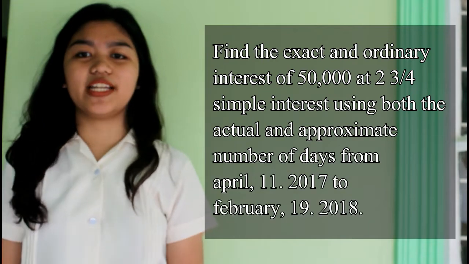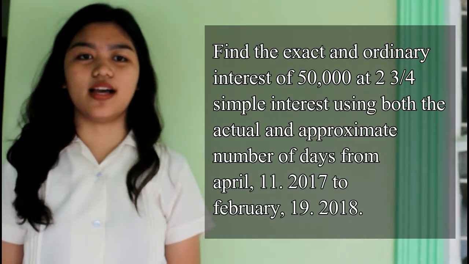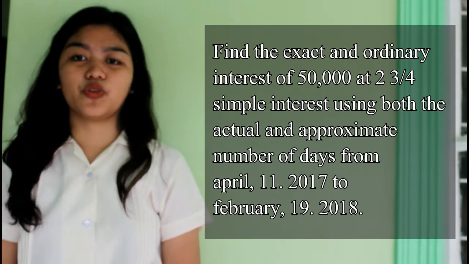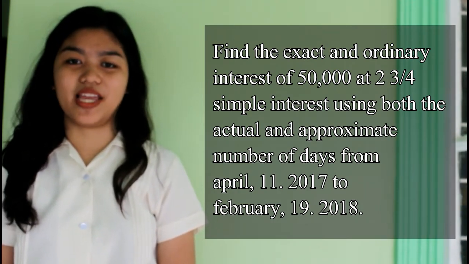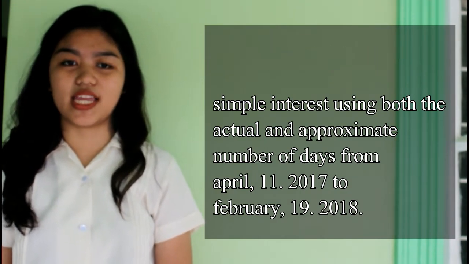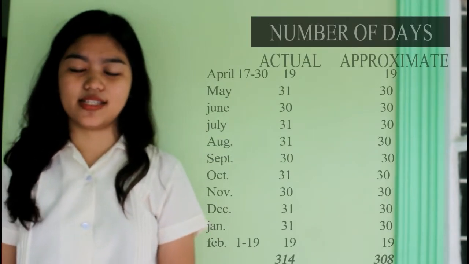In a given problem, find the exact and ordinary interest of 50,000 at 2 3/4% simple interest using both the actual and approximate number of days from April 11, 2017 to February 19, 2018. So the solution: first, we have to identify the number of days.